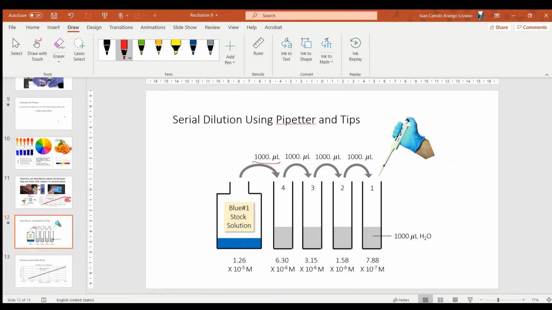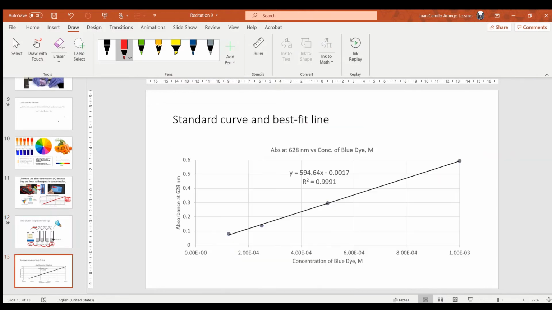Therefore, if you start with 1.6 times 10 to the minus 5, you will dilute that, and in the end, if you notice, you will get 7.88 times 10 to the minus 7, a very dilute solution. And that's the main idea of dilution, just to decrease the concentration of your stock solution to a specific point. That's basically it regarding the laboratory session.